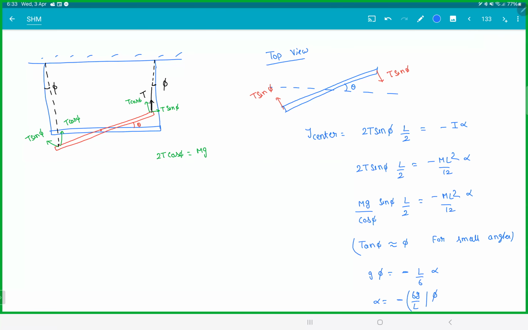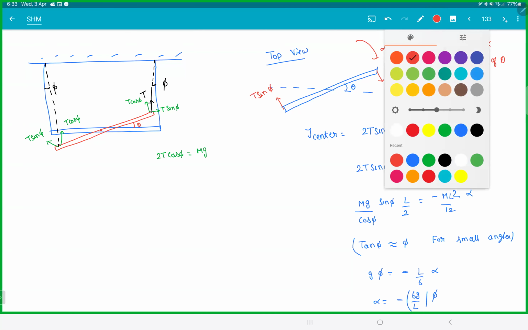Basically, alpha you're taking with theta, isn't it? We need alpha in terms of theta, not phi. Because when you displace by theta, what you're getting is alpha. So what's the relation between phi and theta?